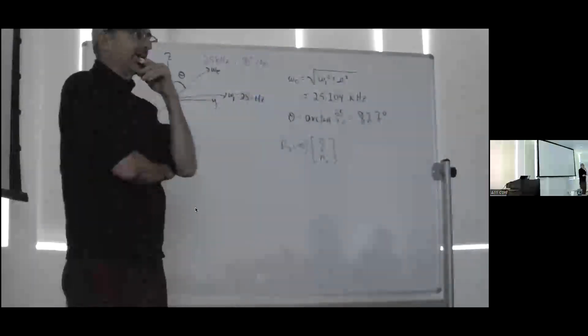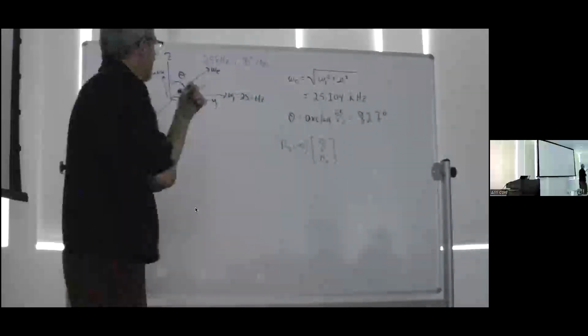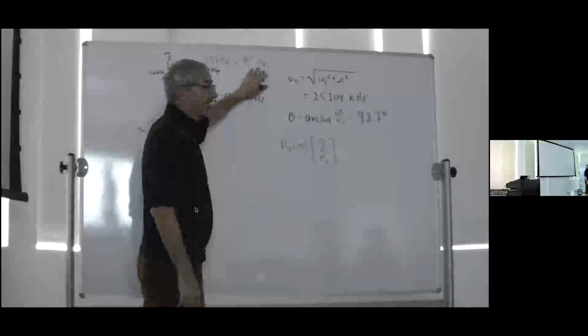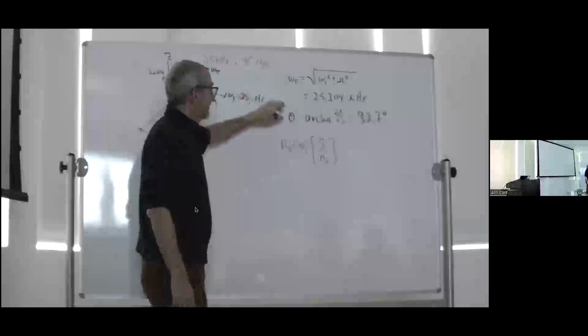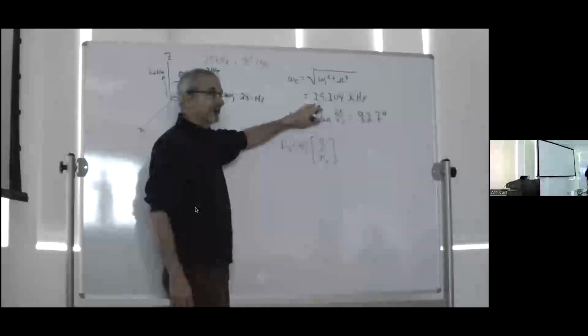So the angle is always a frequency times time. And here, the pulse length is 10 microseconds, the on resonance 90 degree. And the field now is 25.2.